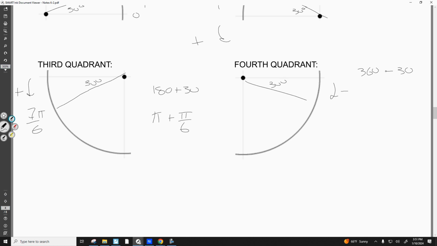Yes, we will have negative angles eventually. But for right now, don't worry about it. We're going to go all the way around to 360. Then we will subtract 30 degrees. We will go all the way around to 2 pi in terms of our circumference. We will subtract a pi over 6. It's like 2 minus 1/6. That's 12/6 minus 1/6. That's 11 pi over 6.